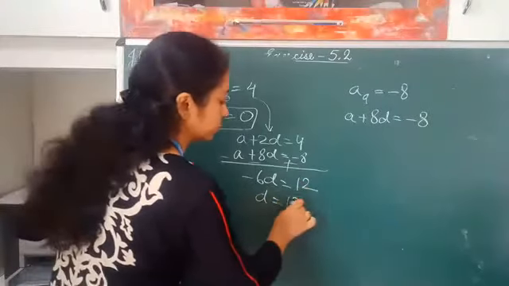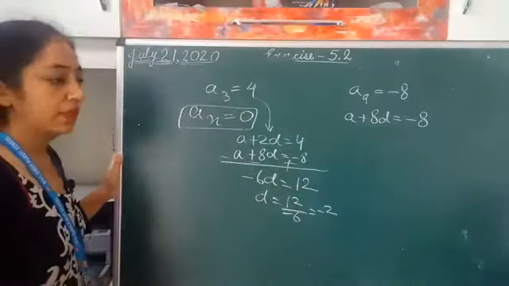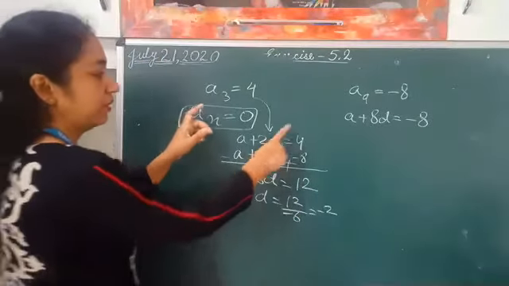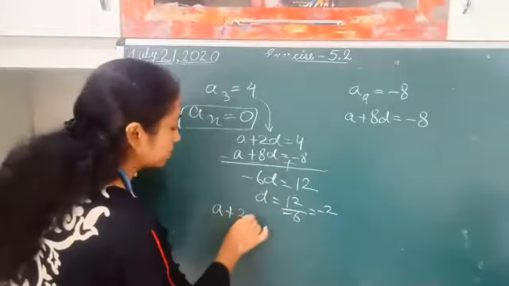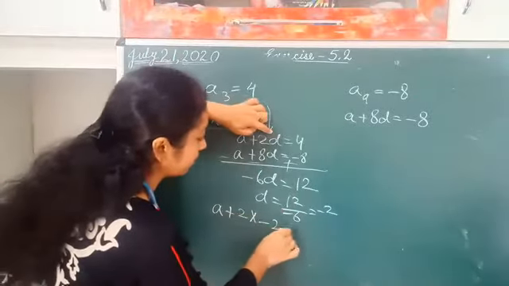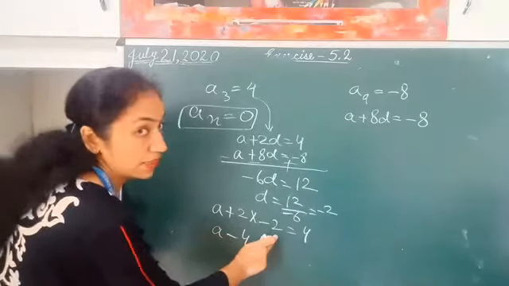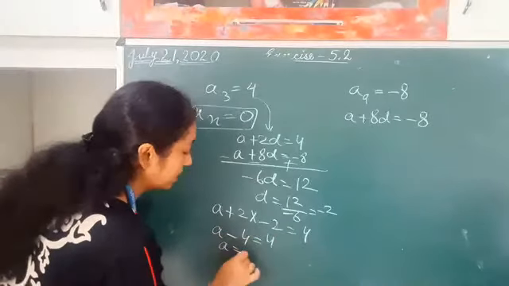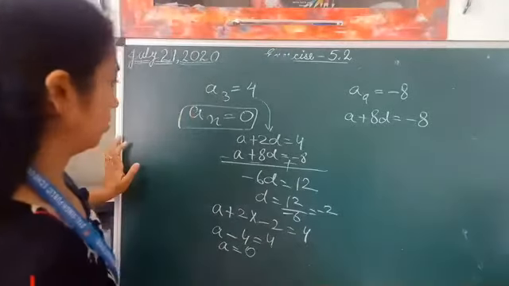So d is equal to 12 upon -6, that is equal to -2, right. अब आपकी d की वैल्यू -2 आ चुकी है. You are going to put the value in any of the given, either in this or in this, it's your choice. a plus 2 multiply d की जगह पे आपने पुट किया -2, this is equal to 4. So a plus 2 into -2, -4 is equal to 4, so a is equal to 0 or anything.